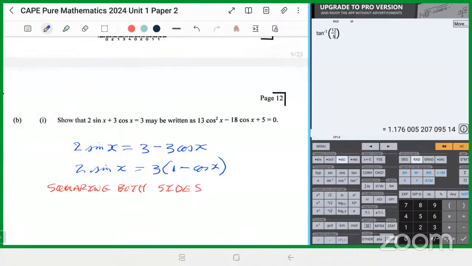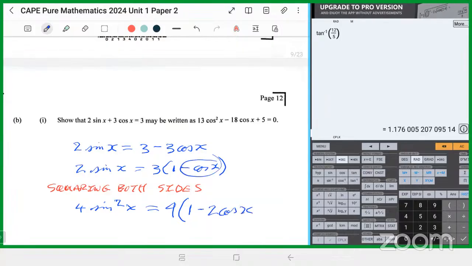So when we square this side, we're going to get 4 sine squared x equals, when we square this side, this squared is 9. I will square this inside the bracket. We're going to get the first term squared, which is 1. Twice the product of the two is minus 2 cos x.